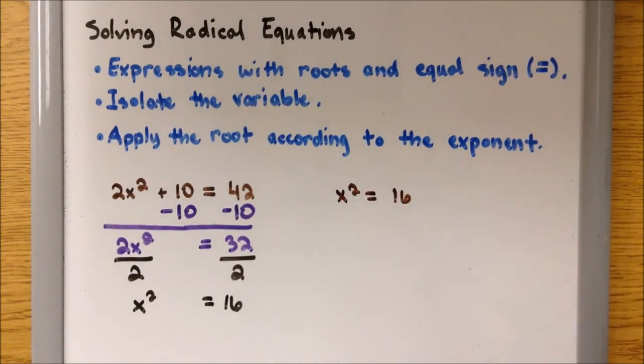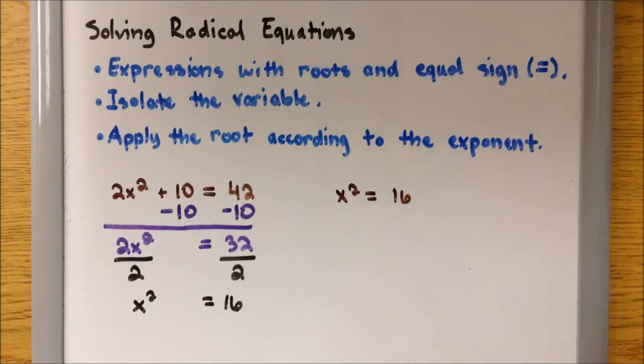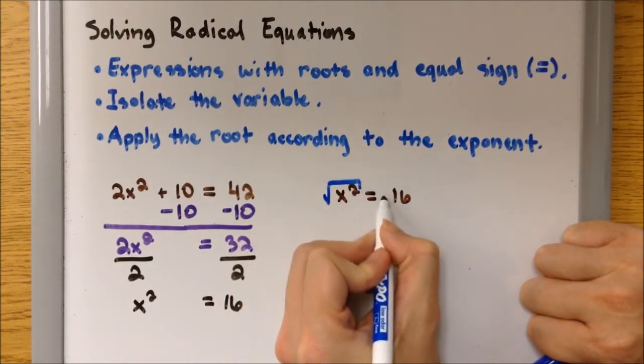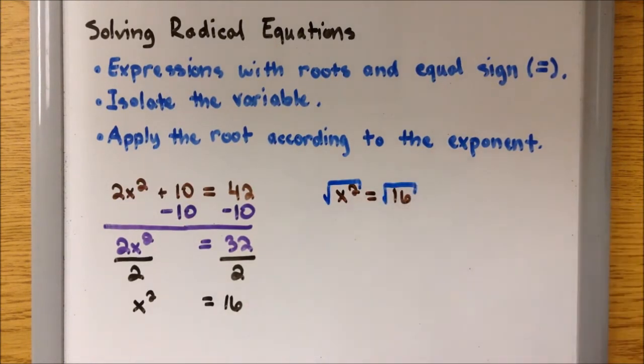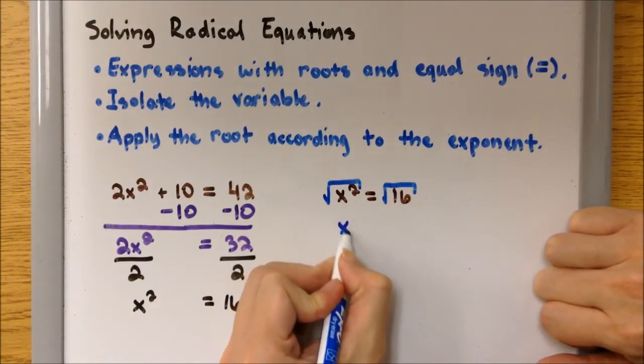Next, if I want to get x truly by itself, I have to apply the root so that the square can go away. The opposite of square is square root. So I'm going to apply the square root on the left and the square root on the right. Doing so, the square root of x squared is simply x.